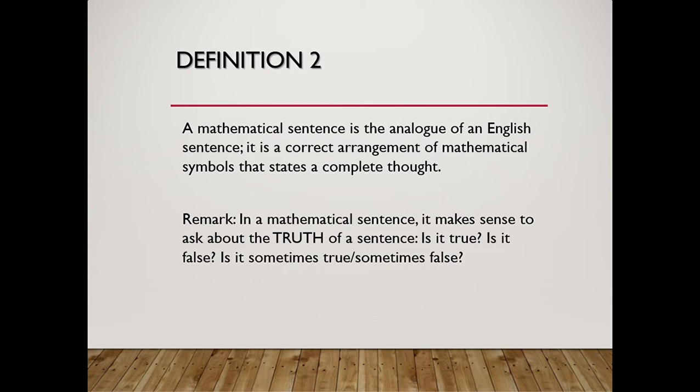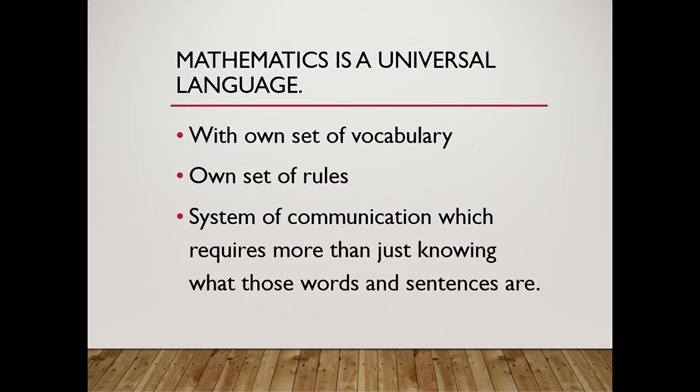Is it true? Is it false? Is it sometimes true or sometimes false? Okay, so again, ang mathematical sentence o ang English sentence, pwede ta makapangutana about the truth of a sentence. Kung true ba siya or false, or sometimes true or sometimes false.